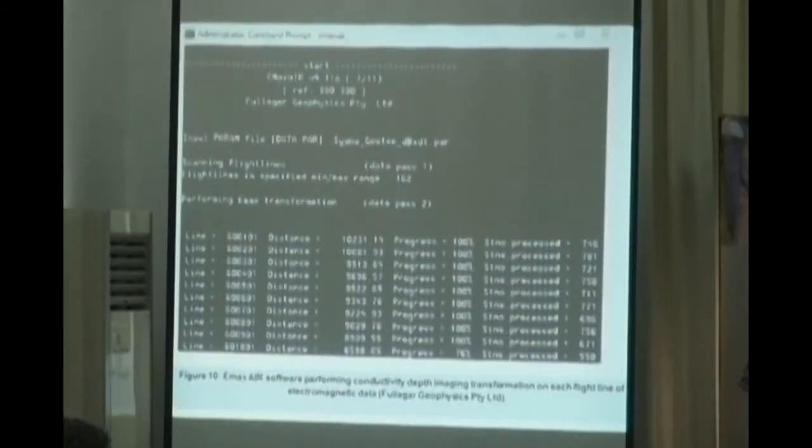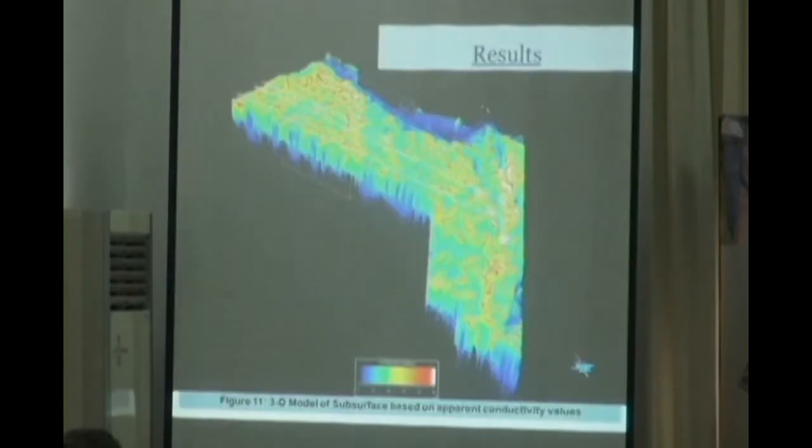I want us to have a look at this slide because it's actually the software that was used. It's called EMAX Air. It allows you to process airborne electromagnetics and create apparent conductivity results for each sample point, and it gives it for different depths within the model or within the earth.